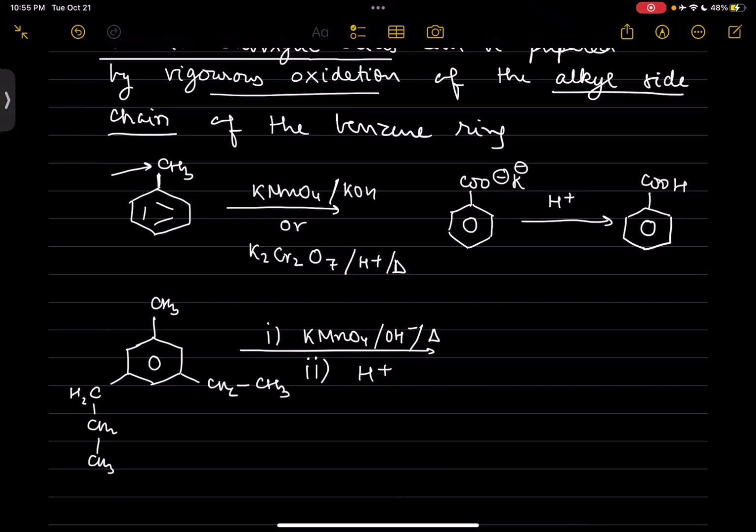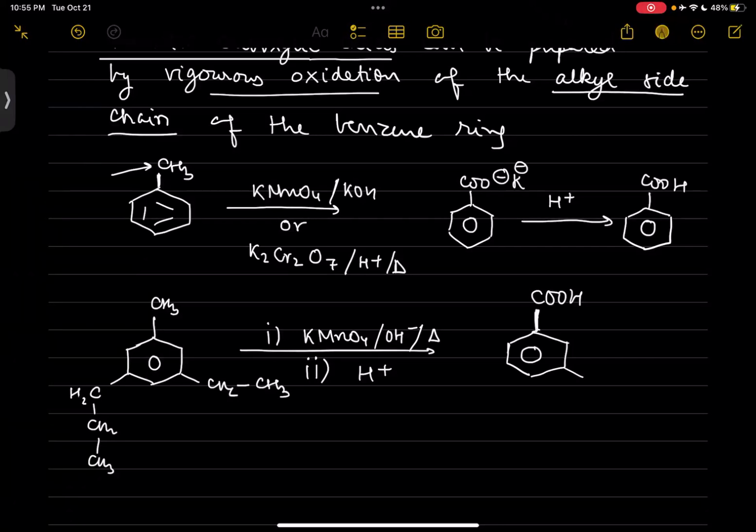You have CH3, that will completely oxidize to... What should I write here? Jasleen, Aisha, Marwa, tell me. The entire side chain will go away.